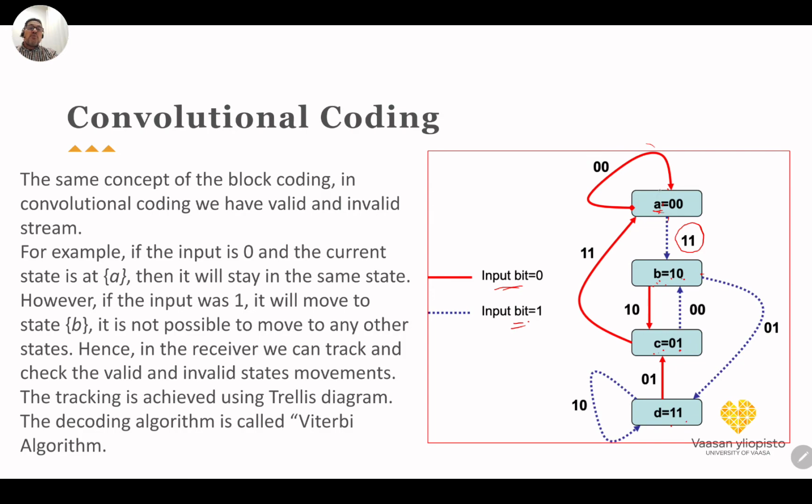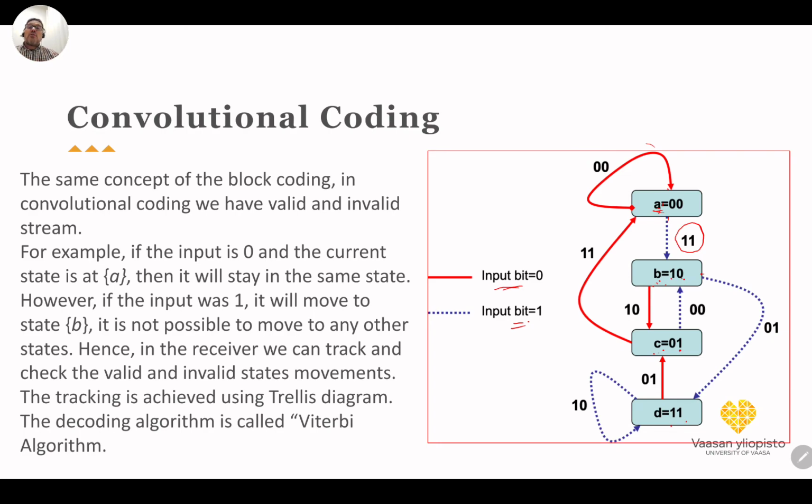It is not possible to move from A to C. But if during decoding we find that we move from state A to state C, it means that an error happened during the transmission, because this is not allowed. From A, whether the input was 0 or 1, we can go only from A to A or from A to B. So if we move from A to C or to D, it means that there is an error happening during transmission. Okay, how to correct this error?